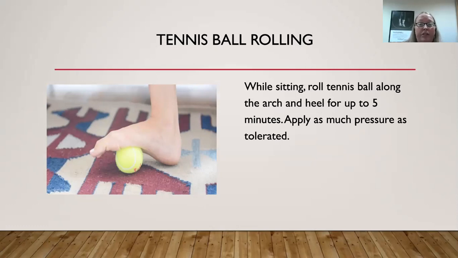I much prefer the tennis ball. So what you do with the tennis ball is you just put your foot on top of it and you roll it all along your arch. You can do circles, up and down, sideways, diagonal, whatever feels good, and you're going to do that for about 5 minutes. And once again, apply as much pressure as tolerated. It's not necessarily the more painful, the better. Just do what feels comfortable.